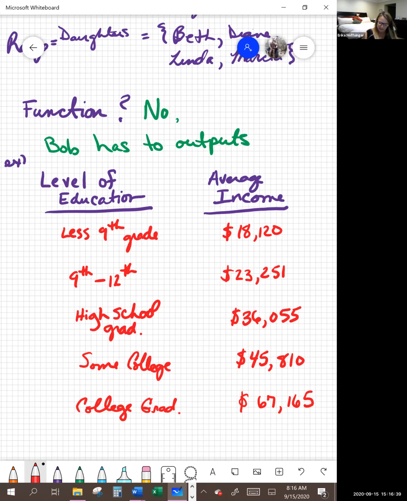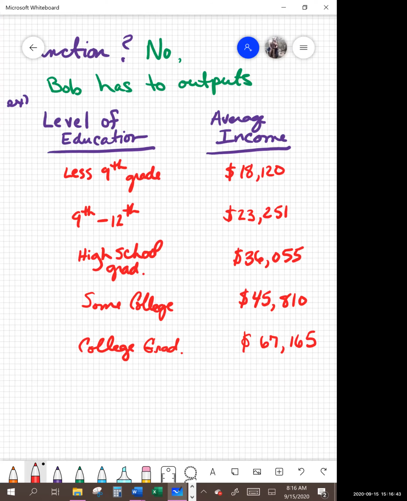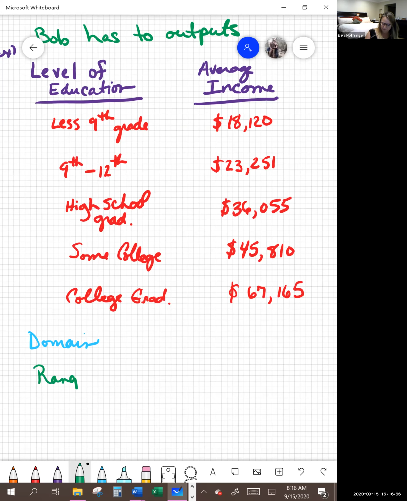Okay, so the domain and the range. So which one is the domain and which one is the range? The domain, that's what we're putting in, and depending on what your level of education is depends on what you're going to get back.